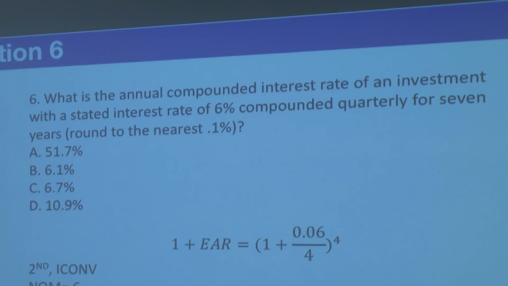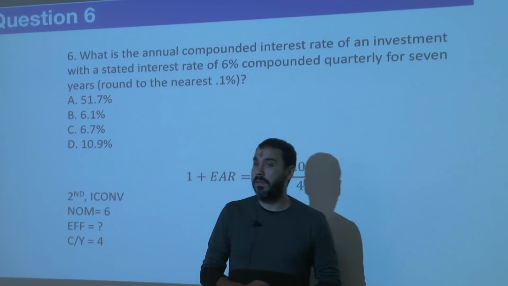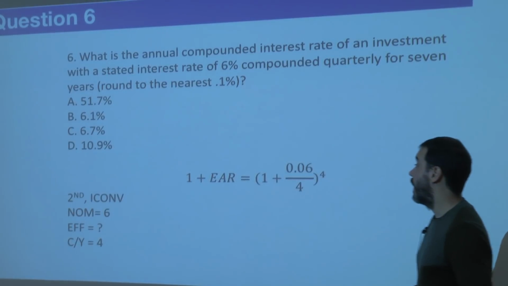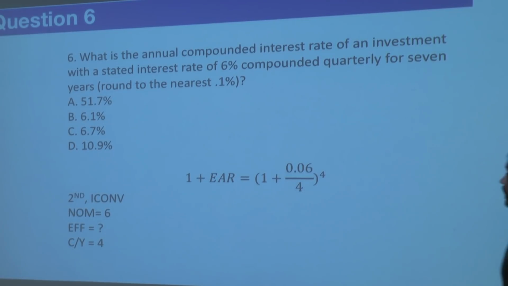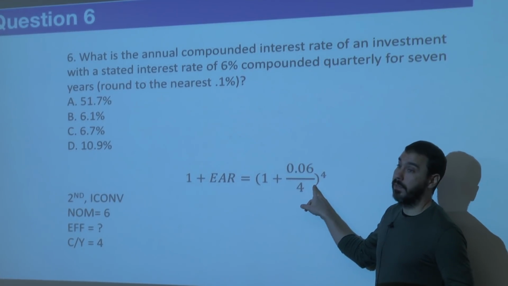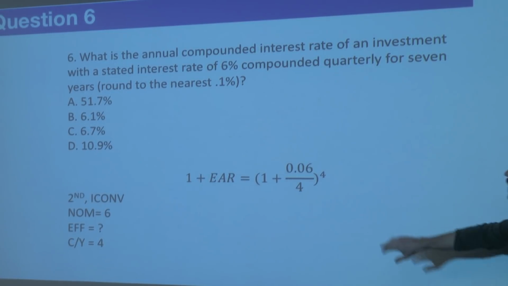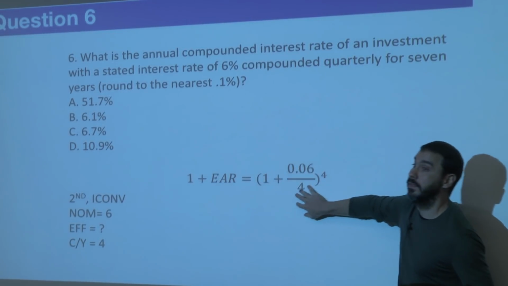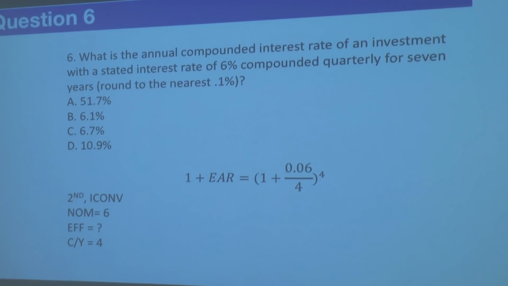So I can do the same thing I did before, but now I have the nominal and I want to solve for the effective rate. Or I can just apply the formula. In this case, it's even more straightforward than before because I have everything on this side and I just solve for the EAR. Okay?